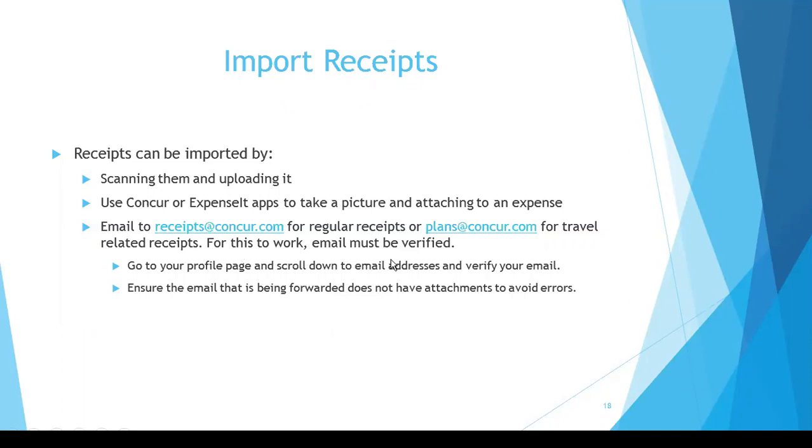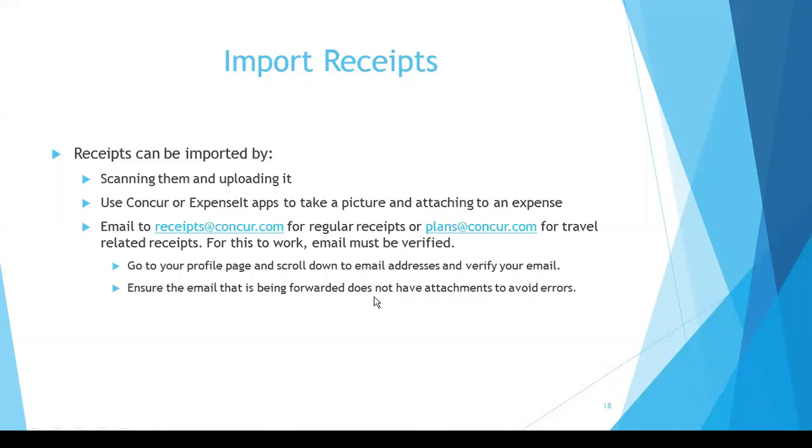But for this to work, your email must be verified. For the verification, you'd go to your profile page, you go down to email address, and there's a button to verify it. Once you click it, they send you a code where you put that back in and it's verified.